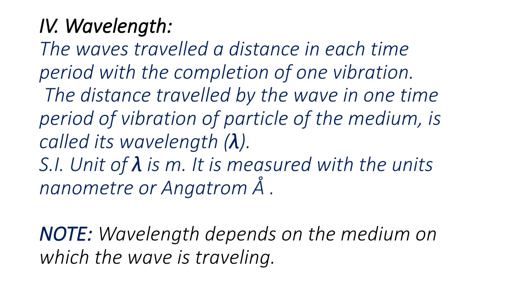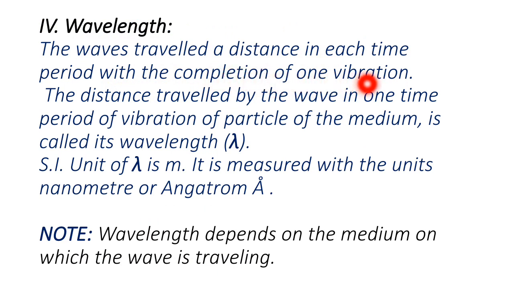Now see the next point, we have the wavelength. So what is the meaning of wavelength? First see the definition. The wave travels a distance in each time period with the completion of one vibration. Suppose one vibration is completing.